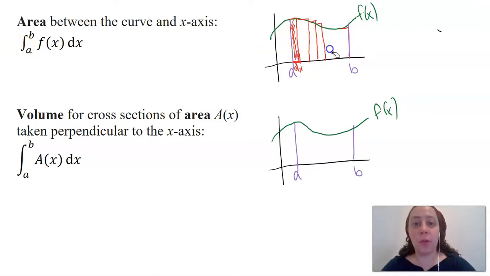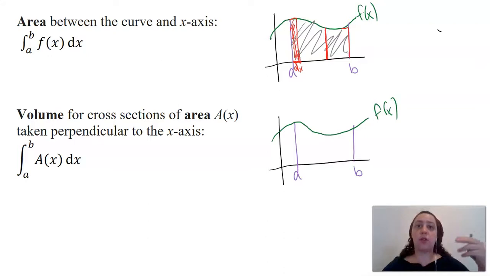So we found a way of going from one dimension, a line, just the height, the f of x value, to give us 2 dimensions, the area, this whole area. Now we can use a similar concept to go from 2 dimensions to 3 dimensions. So if we start with area, then we can go to volume.